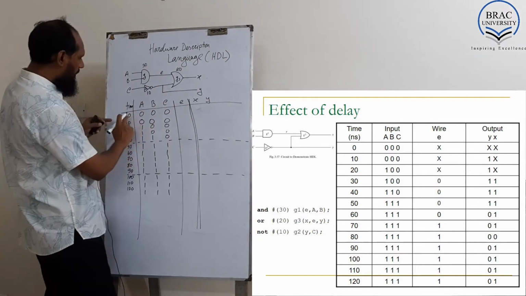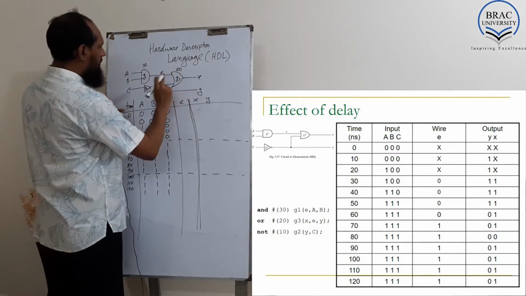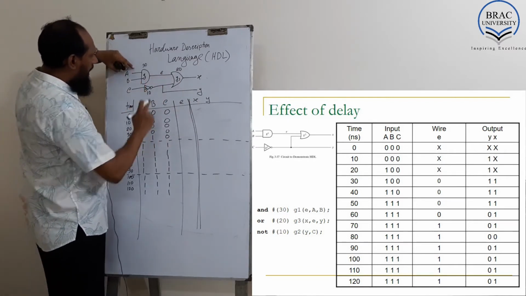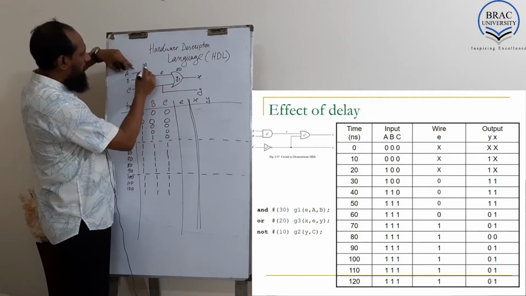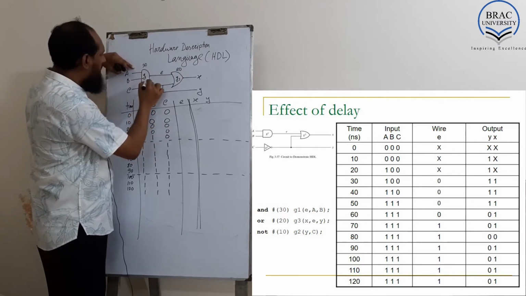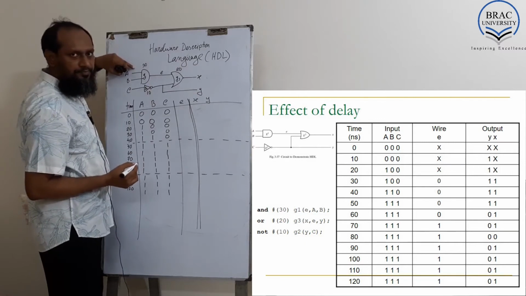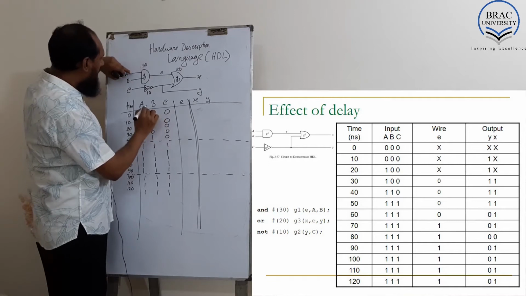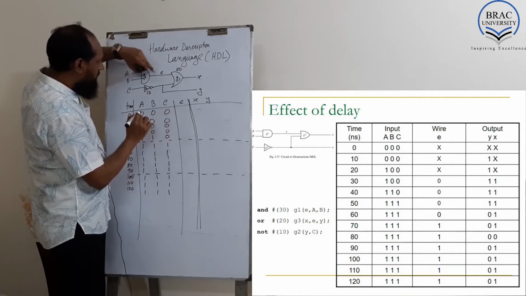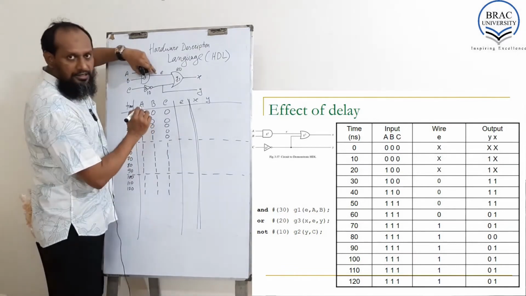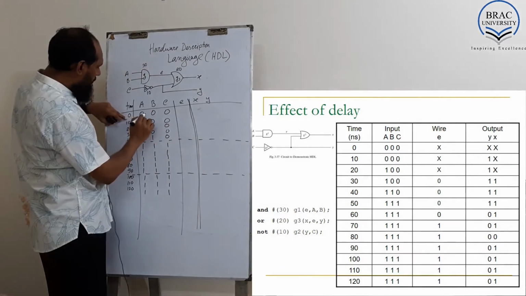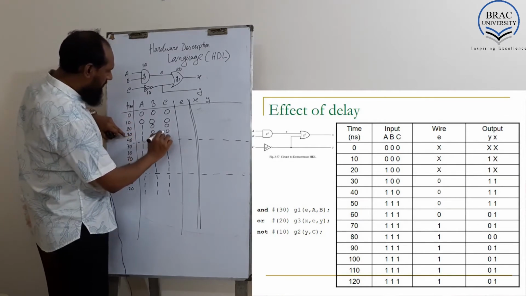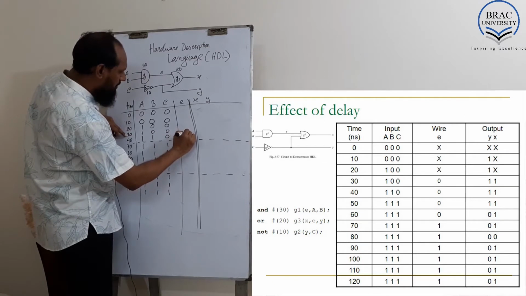So, when E is calculated from A and B, after how many nanoseconds will I get output on this gate? 30 nanosecond. So for 0, 0, we will get the output 0 after 30 nanosecond. So we got 0, 0 on 0 nanosecond, we will get the output on 30 nanosecond. That means on this level, we will get the 0.